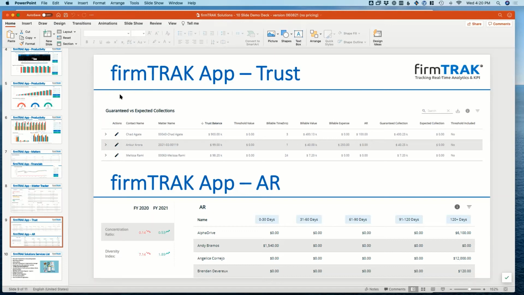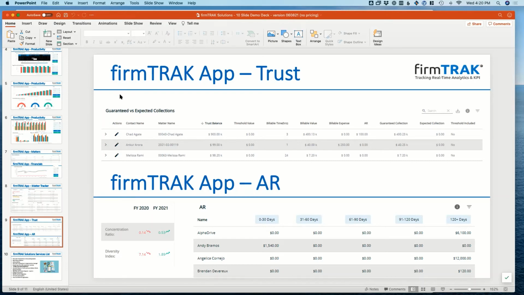The opposite could be the same. If there is no trust balance, then the total amount of expected collection would be 400,000, and that would be 100% of the total balance. With each one of these columns, you can filter it. So you could identify the files that you have the most guaranteed collection, that is the most coverage. And you can also identify those that you are the most exposed, or what we call expected collection.